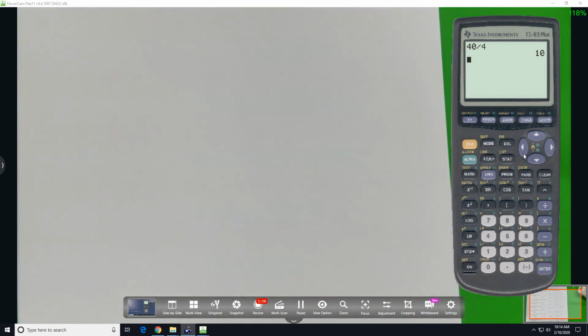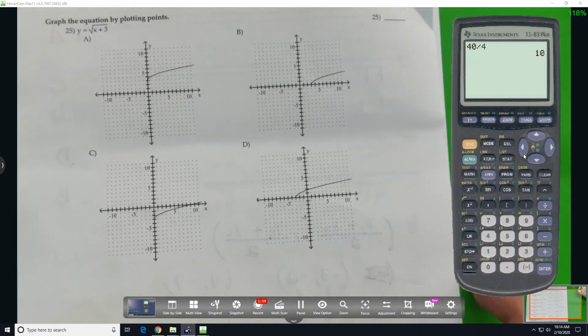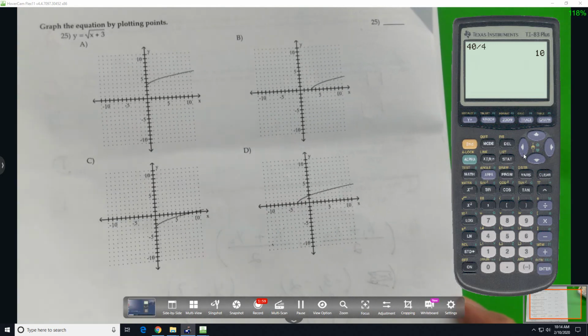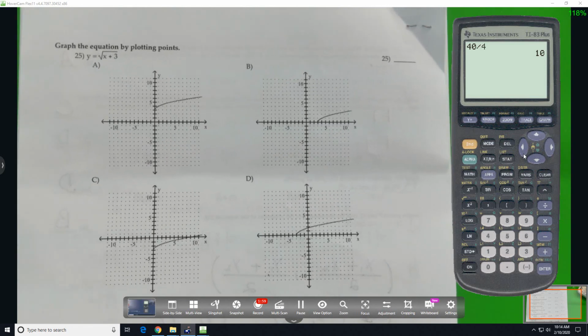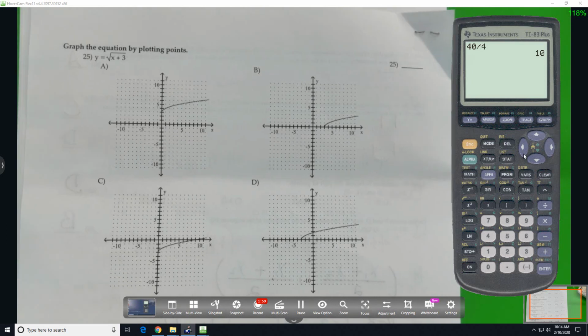Only one left. And this one is just like a homework problem. Okay? To graph these, it says graph this equation by plotting points. Well, we're just going to plug in some numbers. You can't have any imaginary numbers, so it's not just randomly plugging in numbers.